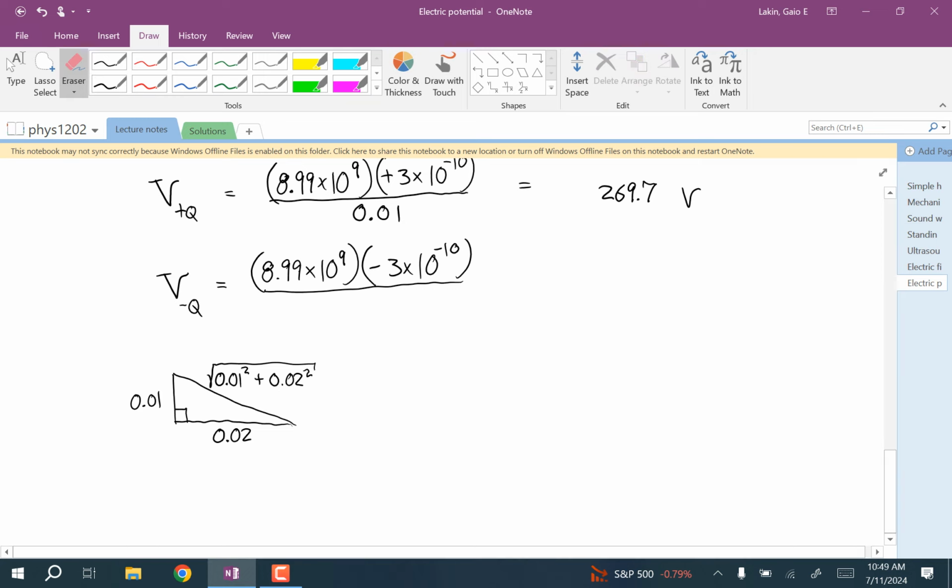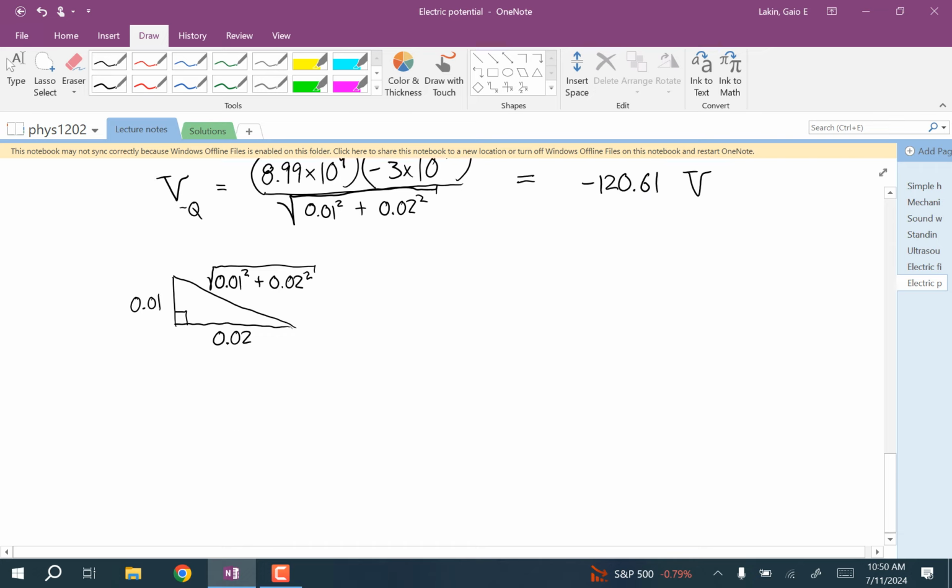And so I'm going to replace this with the square root of 0.01 squared plus 0.02 squared. And we get a value of negative 120.61 volts.